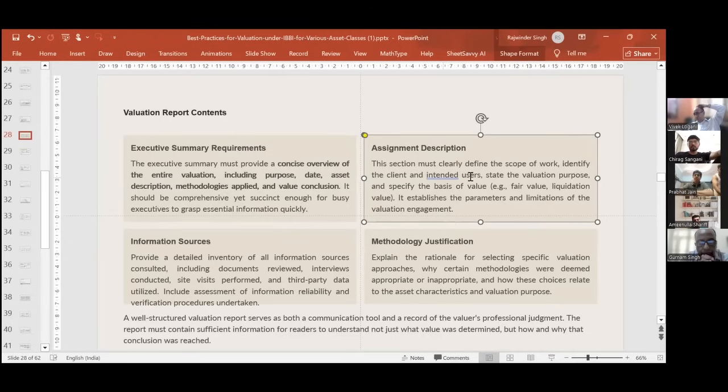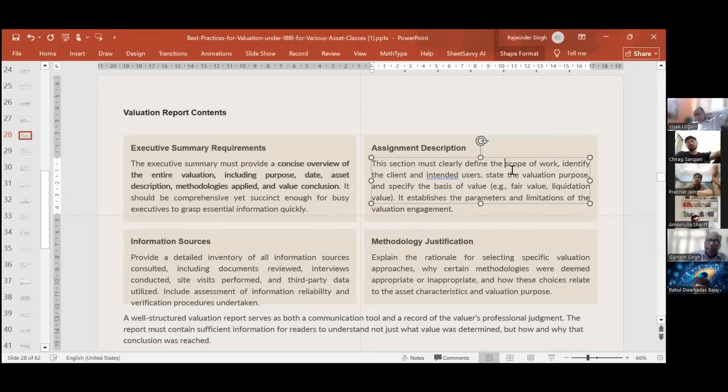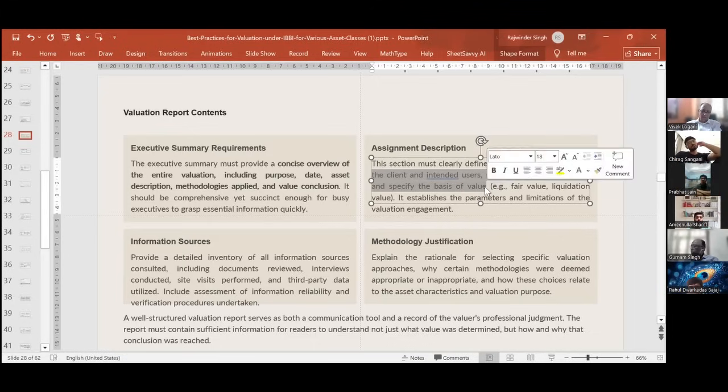This section must clearly define the scope of work, identify the client and the intended user. So see here, in this case, you have to apply scope of work, identify the client and the intended user, state the valuation purpose, and specify the basis of value.